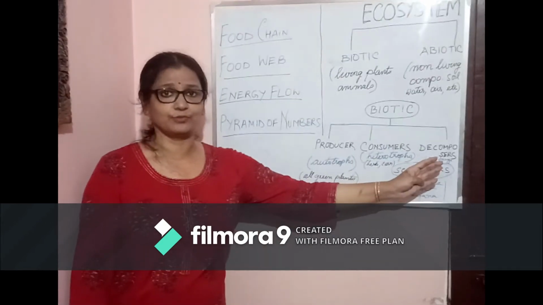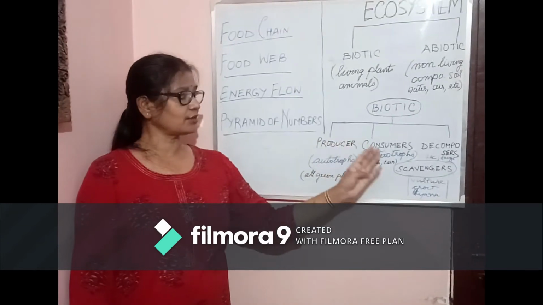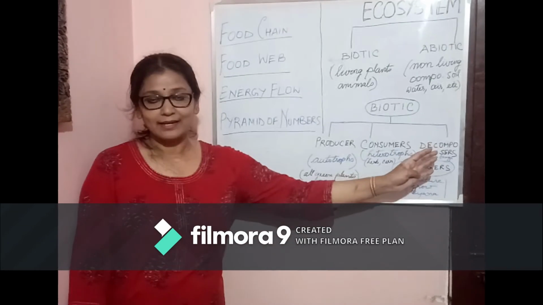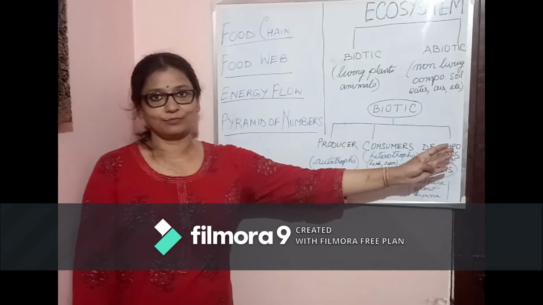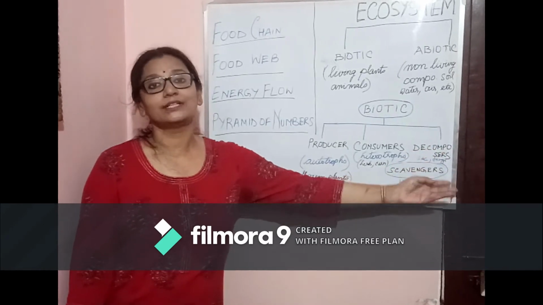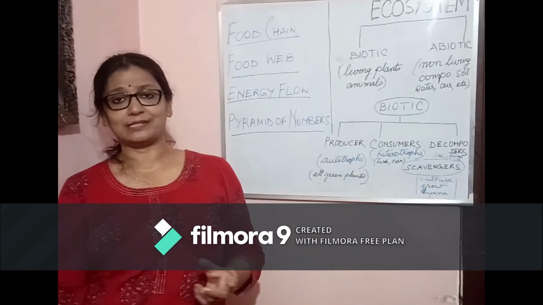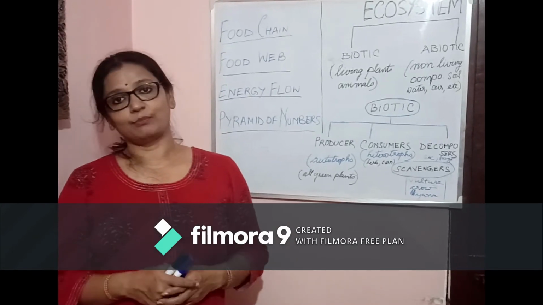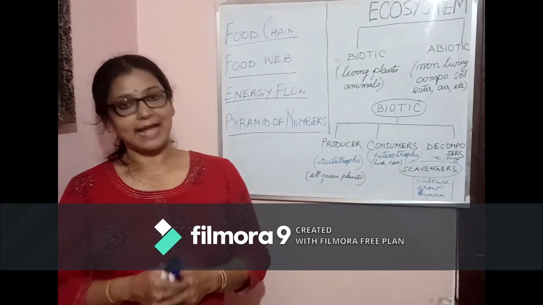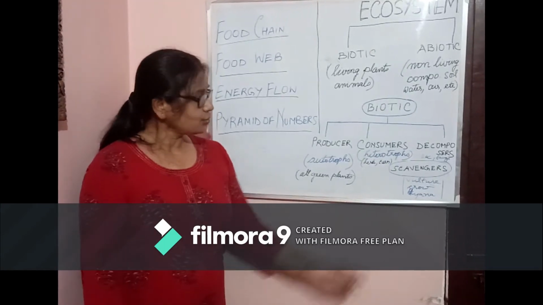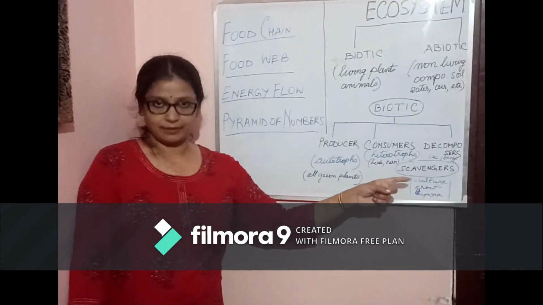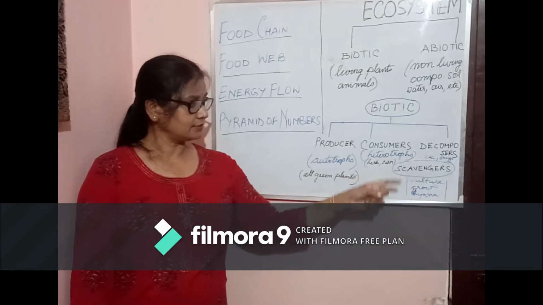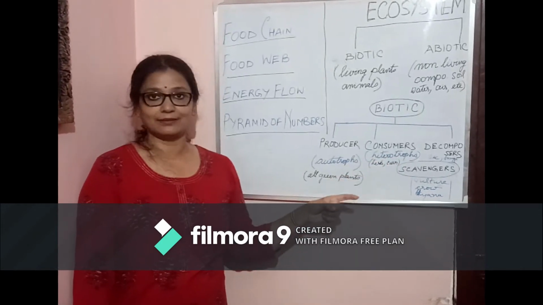Next, the decomposers. All the microorganisms, that is the bacteria and fungi, help to decompose our dead plants and animals. Also the scavengers play an important role in this cleaning of the earth.